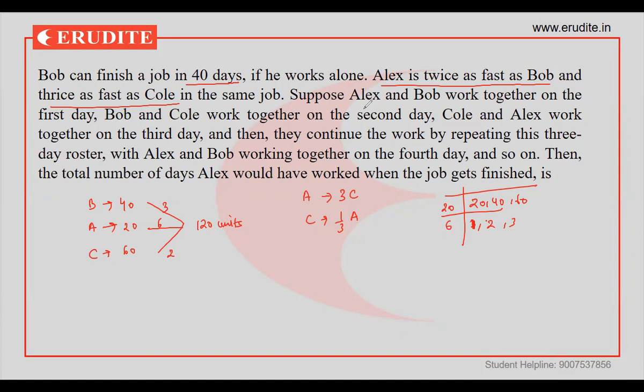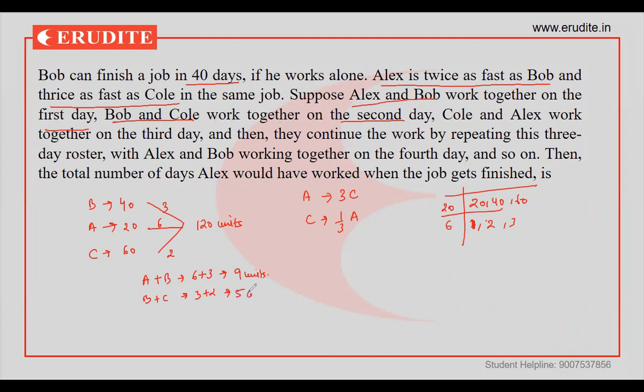Right. Now they are saying that Alex and Bob work together on the first day. Alex's 1 day work is 6 units. Bob's 1 day work is 3 units. So in 1 day they are completing 9 units of work. Then Bob and Cole work together on the second day. Bob's 1 day work is 3 units, Cole's 1 day work is 2 units.